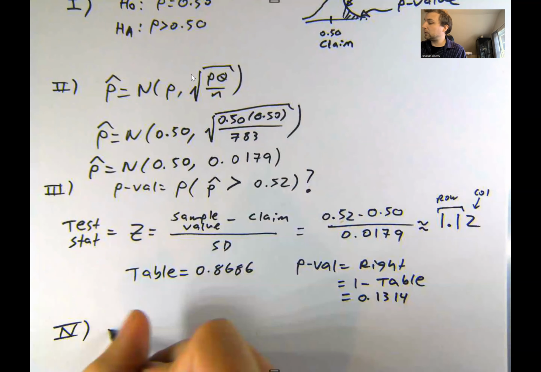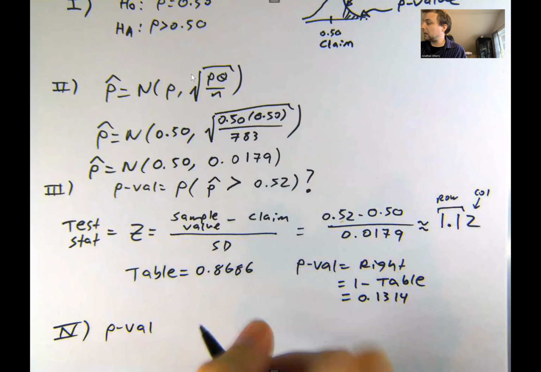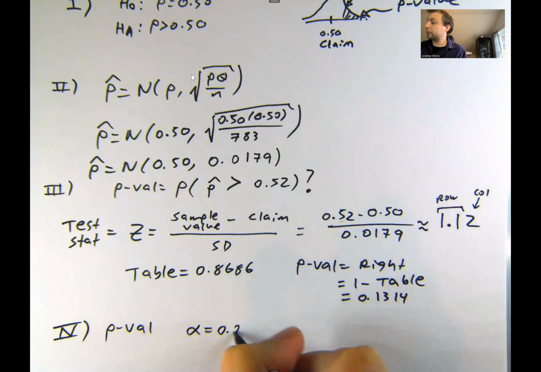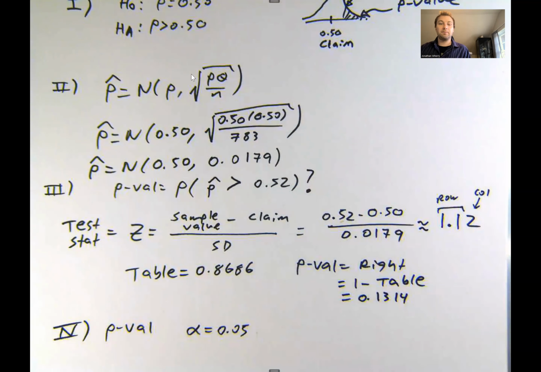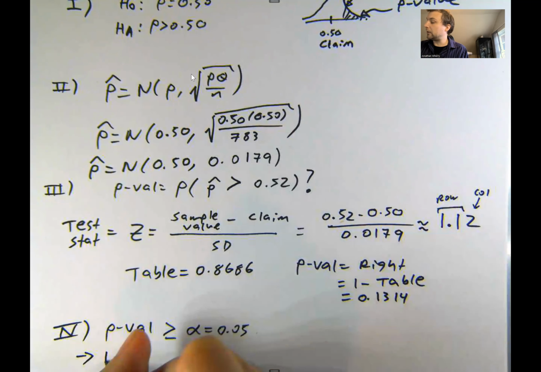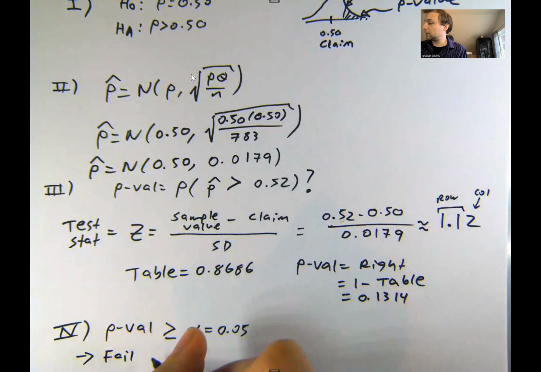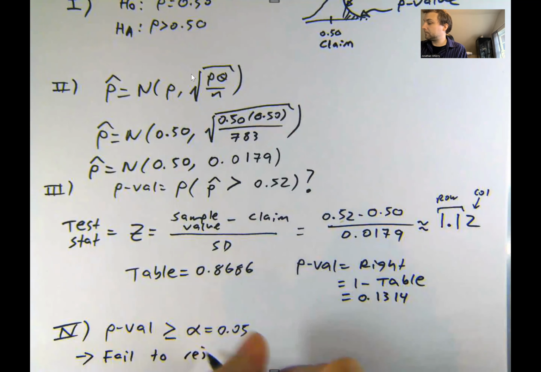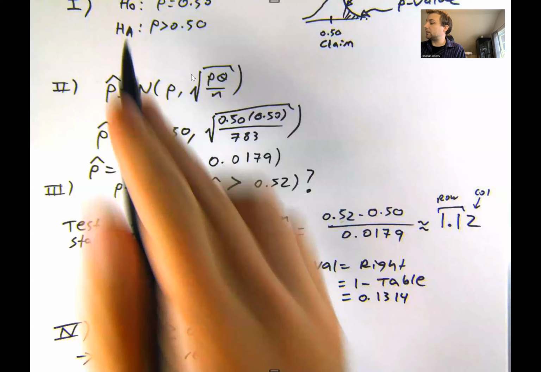Since our p-value is bigger than most reasonable alpha levels, for example, 5%, this is also called the significance level. If your p-value is large, that big or bigger, we fail to reject the null hypothesis, which means we do not have evidence of the alternative.